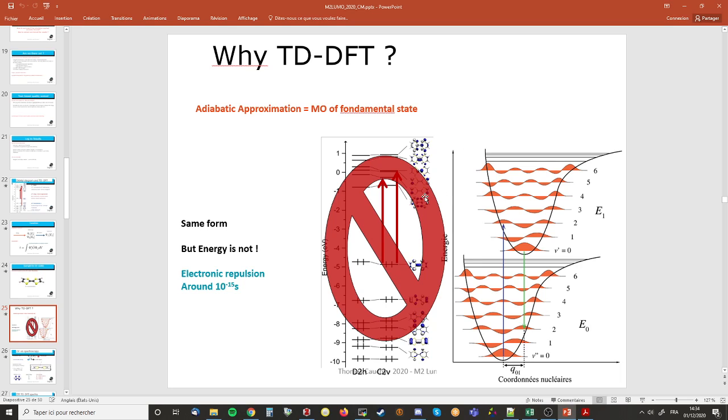However, the excited electron goes to a region where there is more electronic repulsion. That means that maybe in the form those functions are still correct. However, their energies can be slightly or heavily modified.